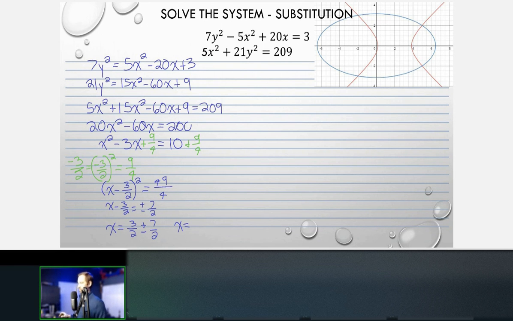So we do 3 halves plus 7 halves is 10 halves, and 10 halves gives us 5. And then 3 halves minus 7 halves gives us negative 4 halves, which is negative 2. All right, everyone get the same thing I get?